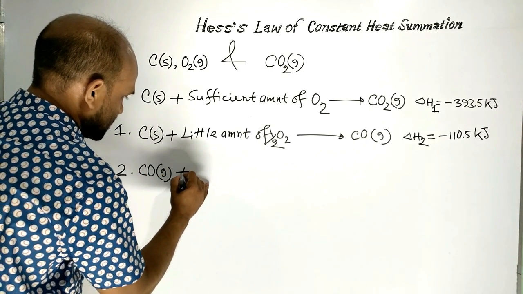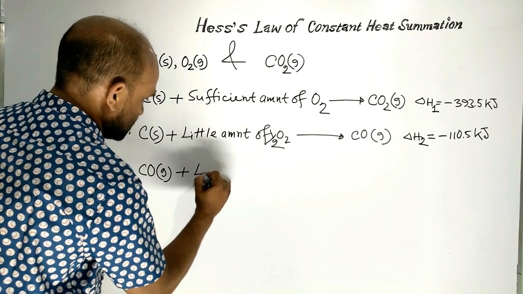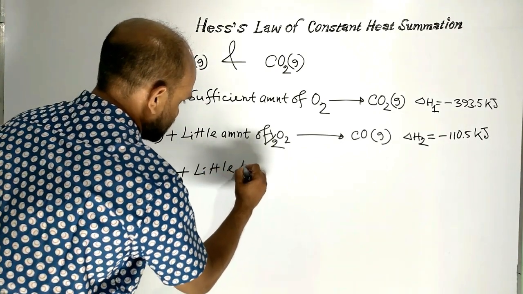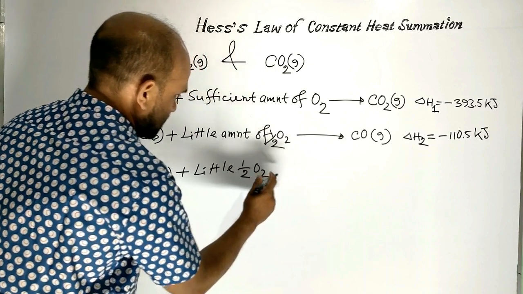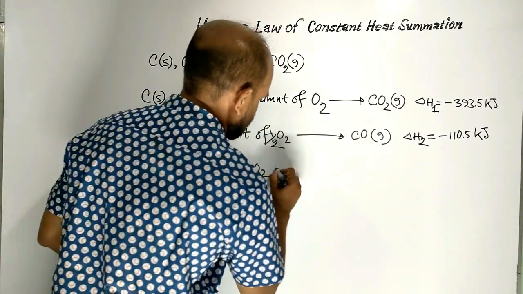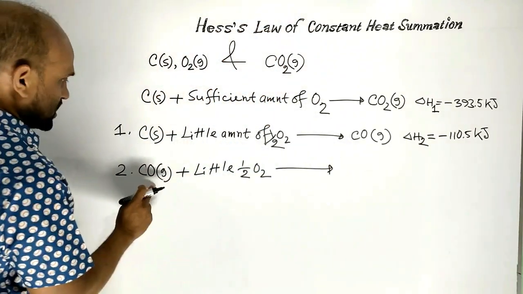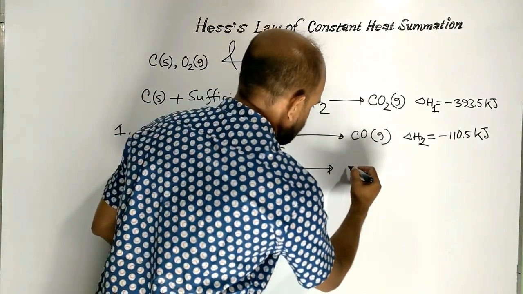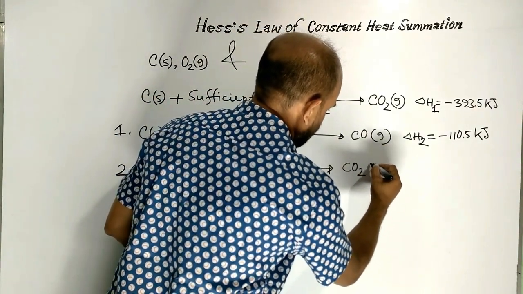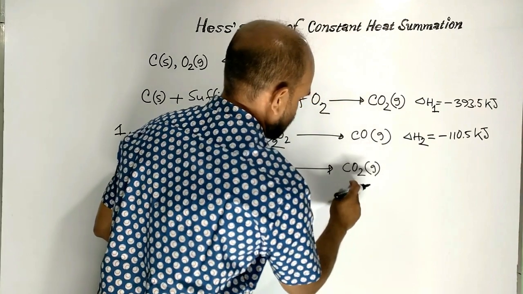Carbon monoxide gas again is burnt with little amount of oxygen, half mole oxygen. Then carbon monoxide changes to final product, carbon dioxide gas.